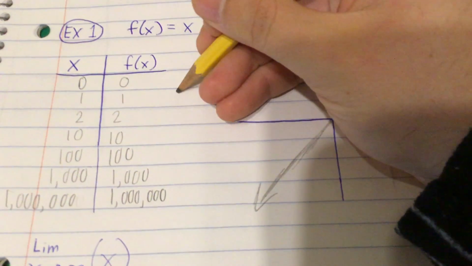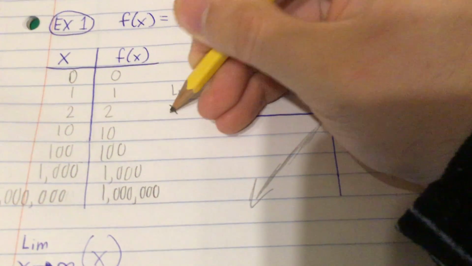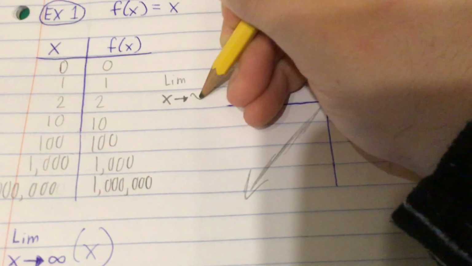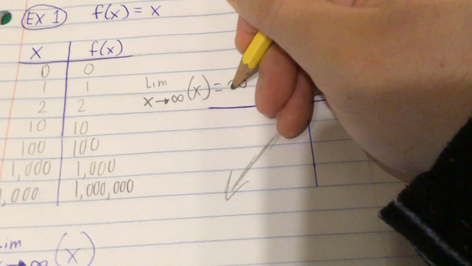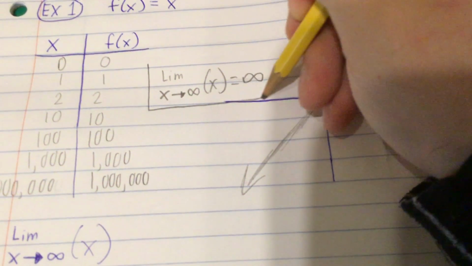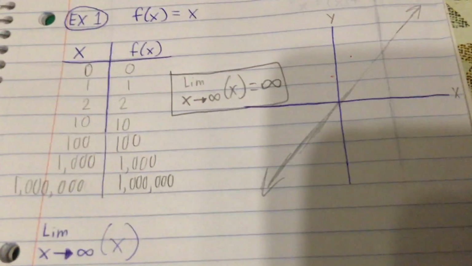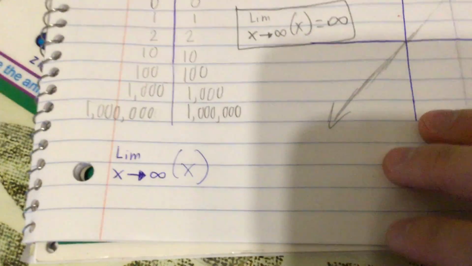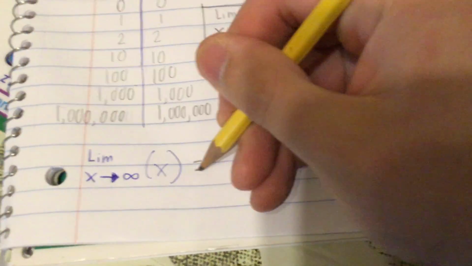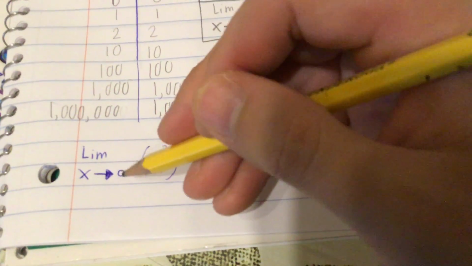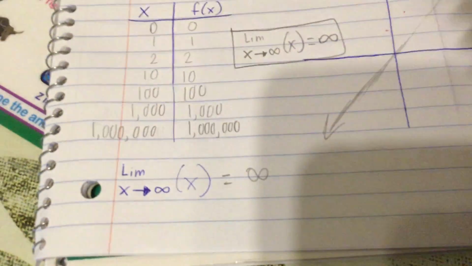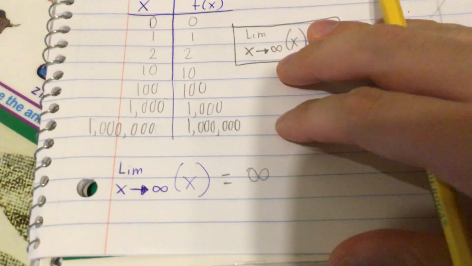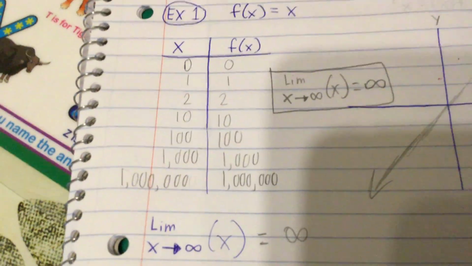So the idea is the limit as x approaches infinity of x is equal to infinity. Not bad. So the limit as x approaches infinity, when x approaches the biggest number humanly possible, y also approaches the biggest number humanly possible. Okay, so let me turn the page.